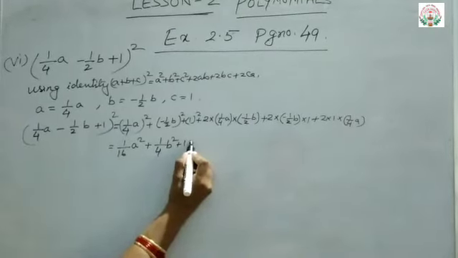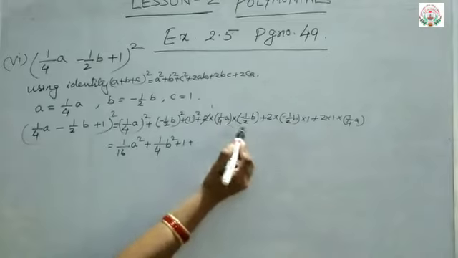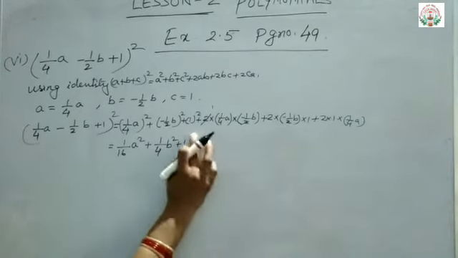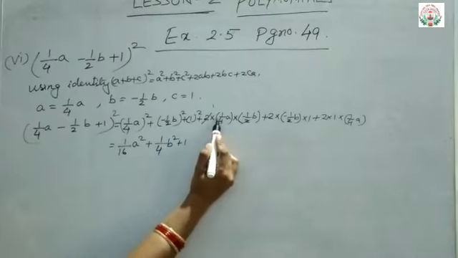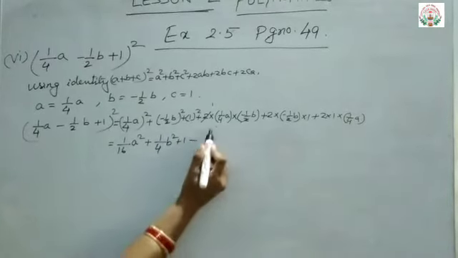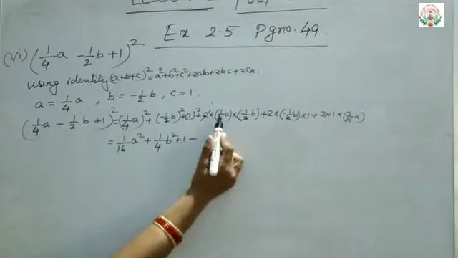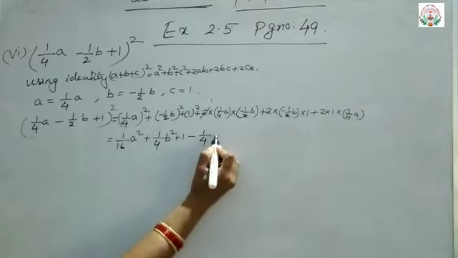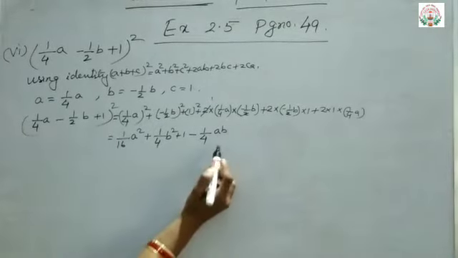Then plus, you can see here 1 and here 2 are cancelled. Then here you see the sign first, plus into plus plus, plus into minus will be minus. Then here 2 is cancelled off. What will be left out? That is 1 upon 4, then a into b.